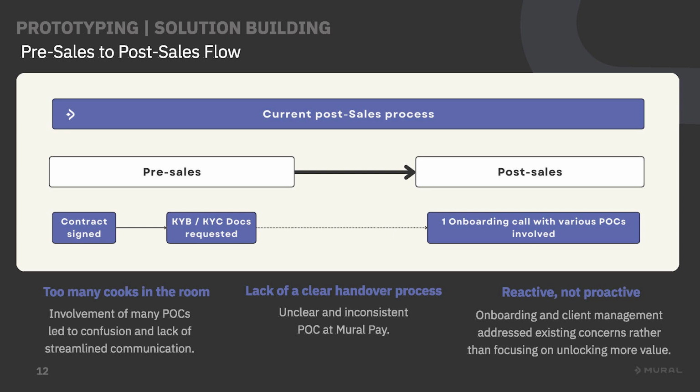On top of that, I observed it was more of a reactive situation rather than being proactive. And that's where there was a lot of opportunity to better onboard and better manage some of the existing clients so that there was a clear process from moving into sales, into leveraging the platform as soon as possible, and then unlocking more value with them actively.